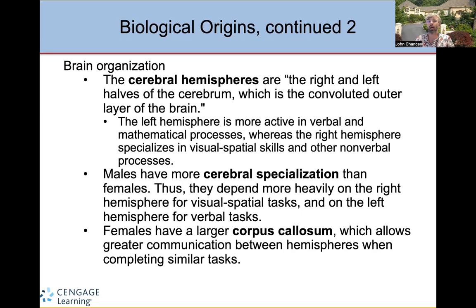Typically speaking, males are more likely to depend heavily on the right hemisphere for visual spatial tasks and the left hemisphere for verbal tasks. Females typically have a larger corpus callosum, that bundle of nerve fibers that connects the two hemispheres together. And this allows for greater hemisphere communication and takes more of the whole brain when completing similar tasks and is able to communicate faster.